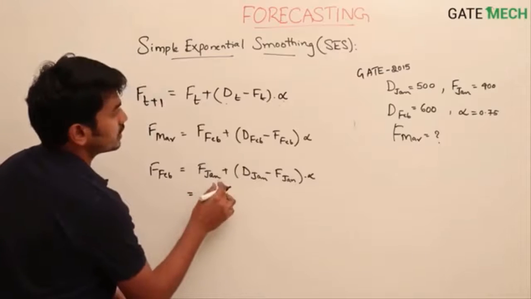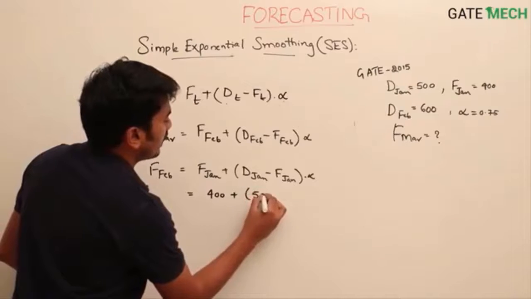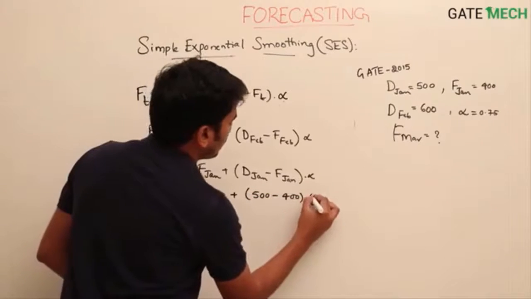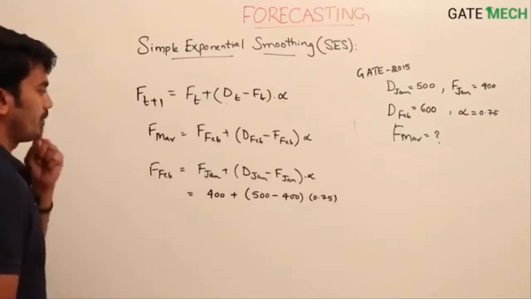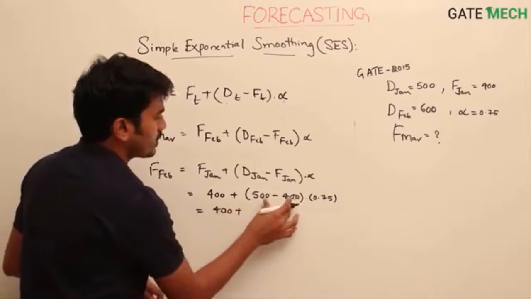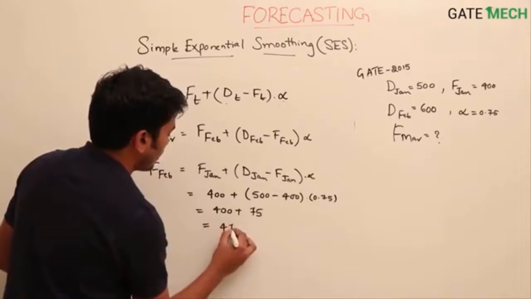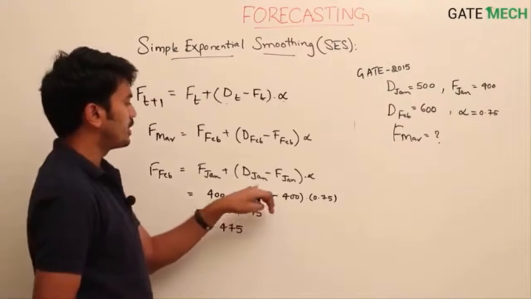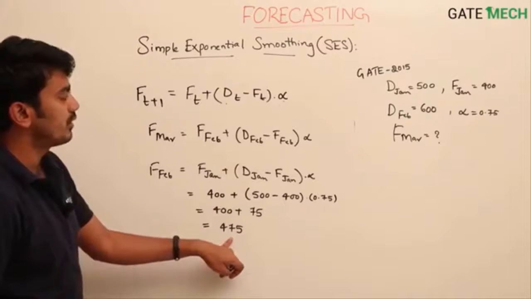If we calculate this, 400 plus 500 minus 400 into 0.75, this comes to 400 plus the difference is 100 into 0.75, that will be 75, so 475. The forecast for February is calculated using the demand of January and forecast of January, and it comes to 475.